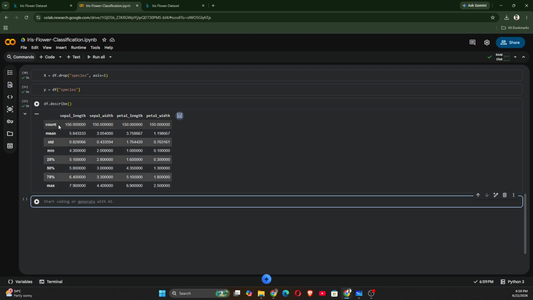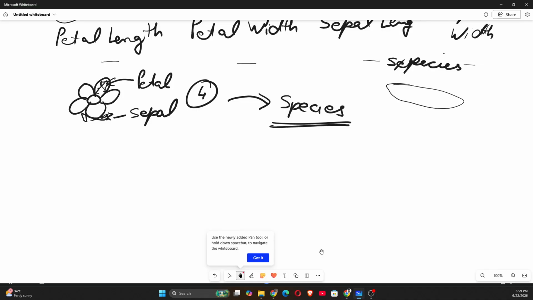I will explain here, and then in notepad I will explain all the terminologies. Count is the total number in the column, like in sepal length there are 150. This is mean, standard deviation, minimum, 25% quartile, 50% quartile, 75% quartile, and maximum. Now I will explain each term.